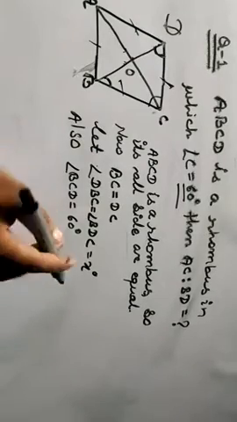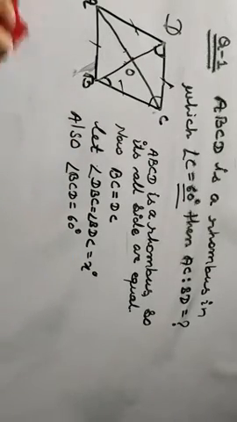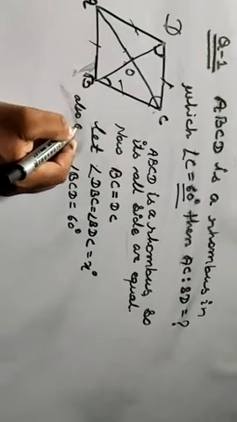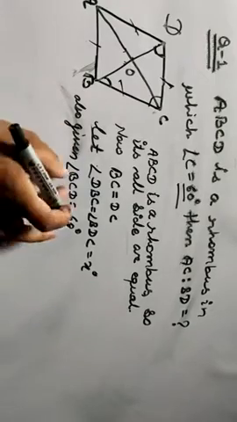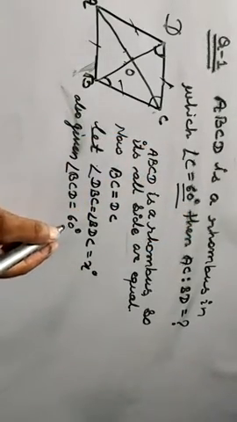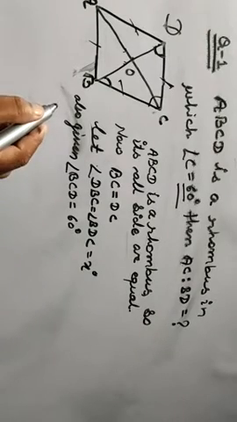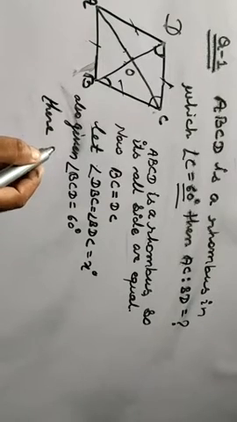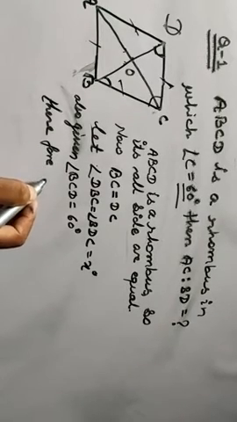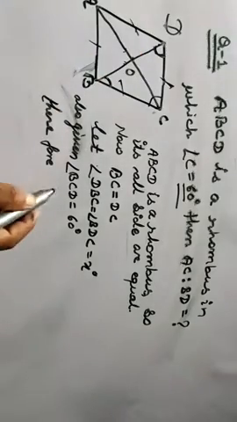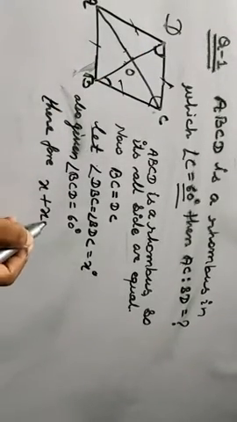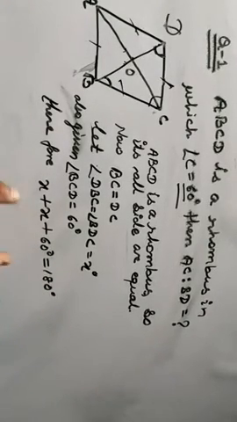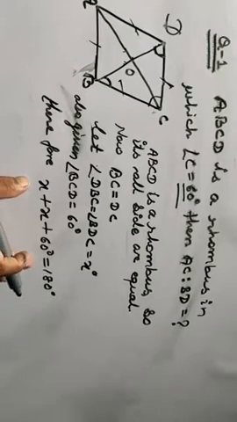Also given angle BCD equal to 60 degree, from the question, right? Therefore the sum of all angles is equal to 180 degree. So x plus x plus 60 degree is equal to 180 degree. Triangle properties I applied here.